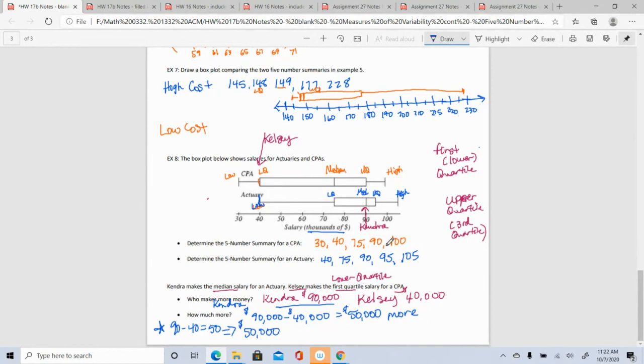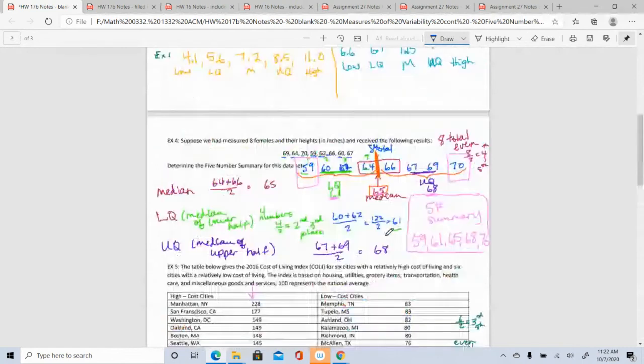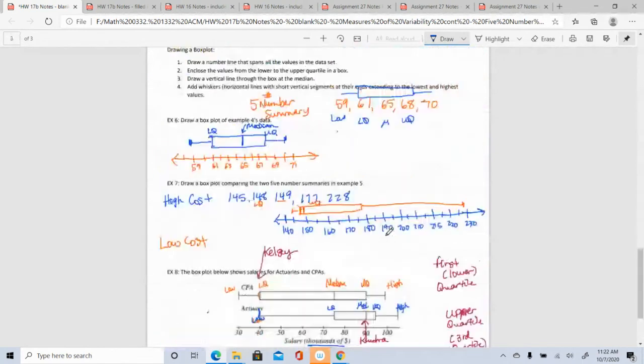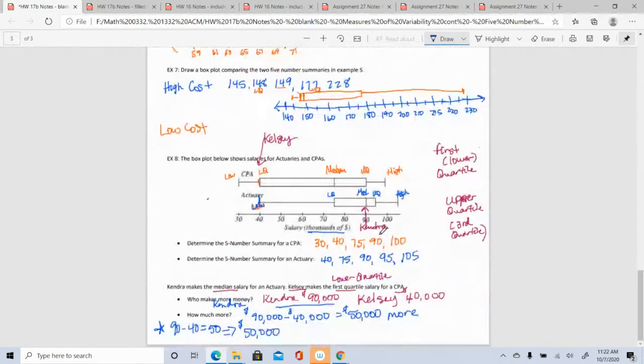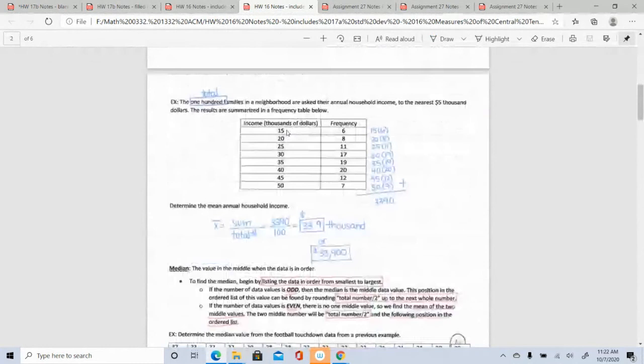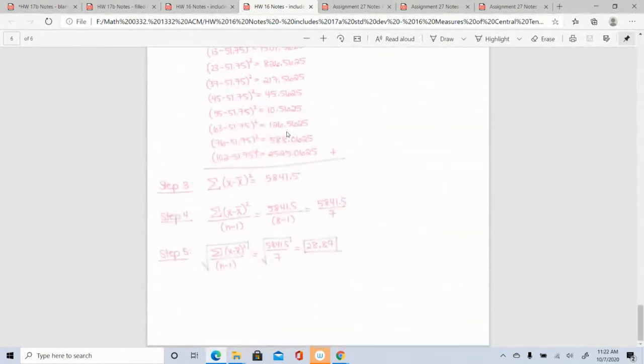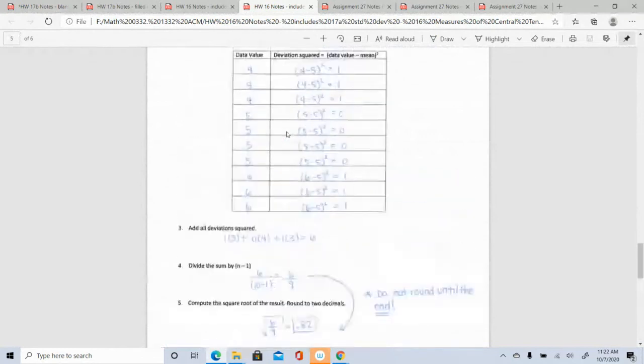Okay, so what I'm going to do, because I know I need to go back over standard deviation with y'all. In this class we actually looked at the last example a little bit more than this second example.